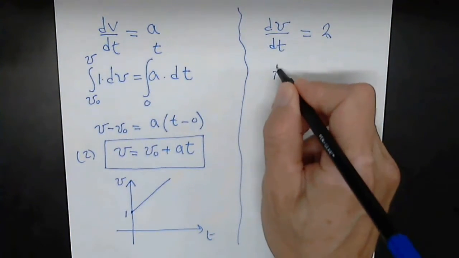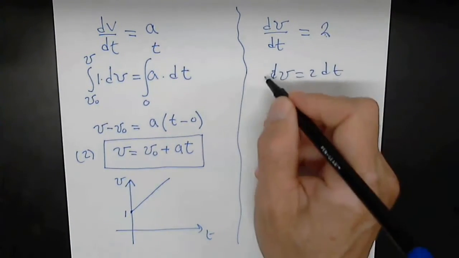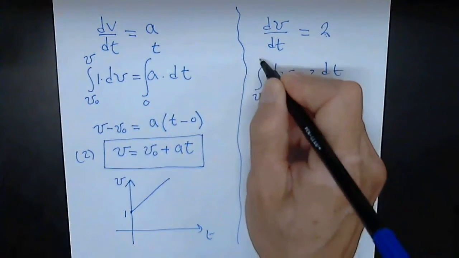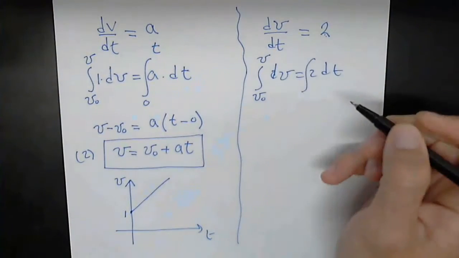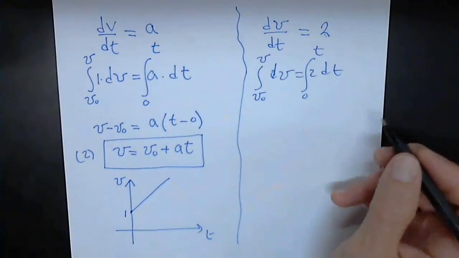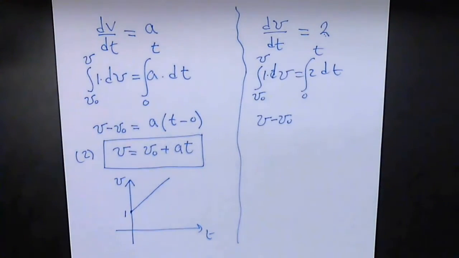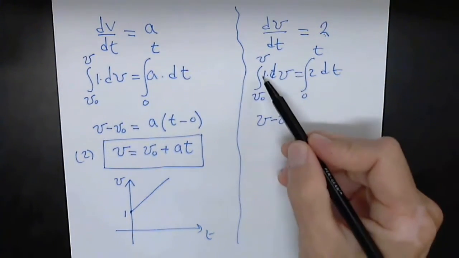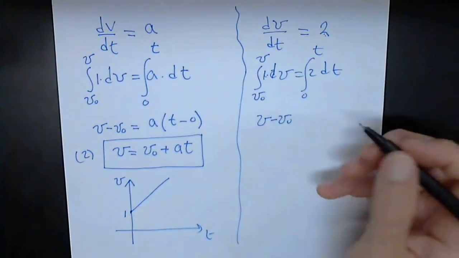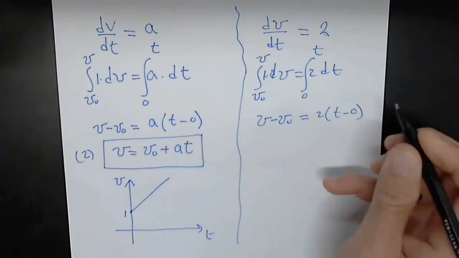So the same thing, dv is 2 dt. And then you integrate from v naught to v, and integrate from 0 to t. And this is v minus v naught, because this is just constant function 1. And this is 2t minus 0.